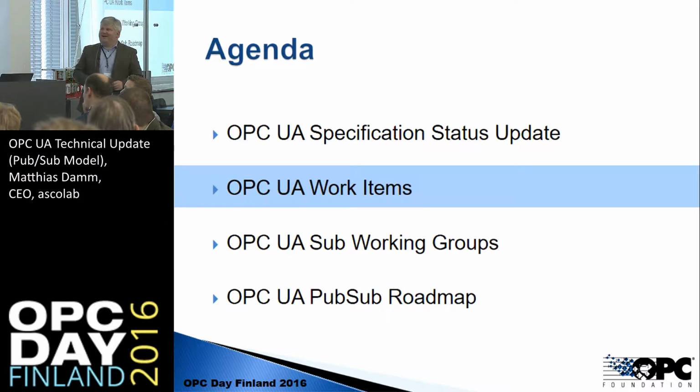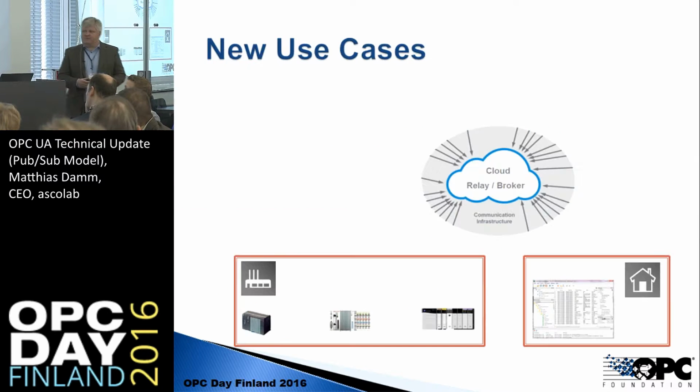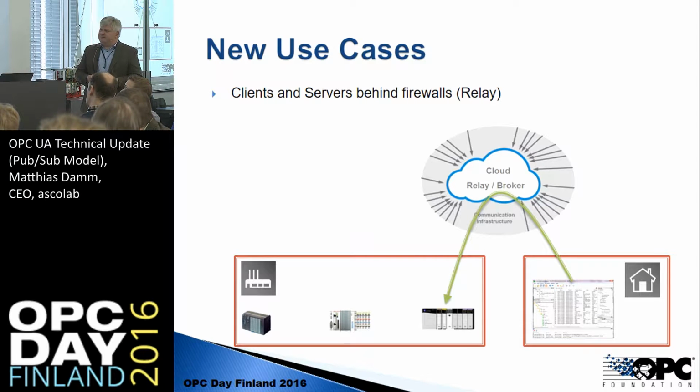So I want to talk about the work items the OPC UA working group is mainly working on at the moment. We collected a lot of new use cases over the last 5-6 years. One that was first brought to us by smart grid environments, but is more and more a common requirement, is to have communication between clients and servers where both partners are behind a firewall.